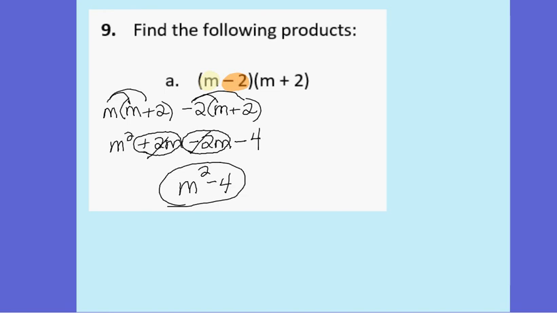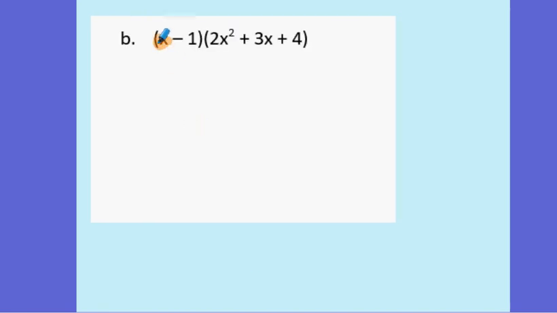Here I have two pieces again in my first polynomial that need to distribute to a trinomial. So let's take a look at this: x has to distribute across this trinomial, x squared plus 3x plus 4, and this negative 1 needs to distribute across this 2x squared plus 3x plus 4.